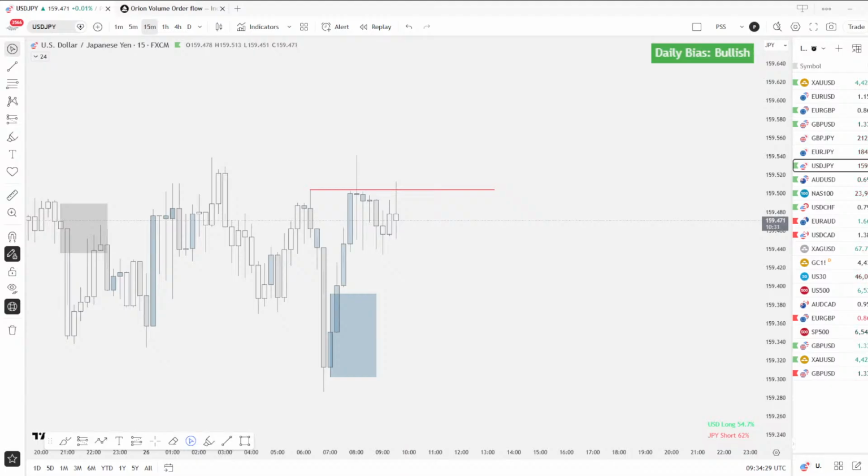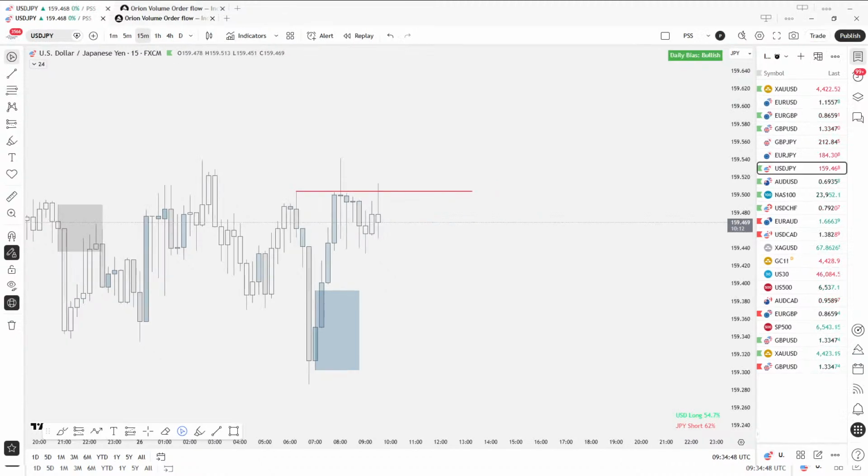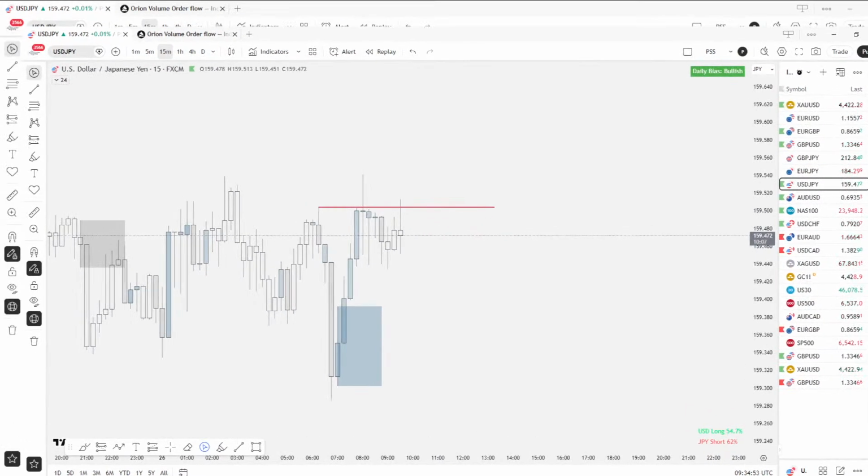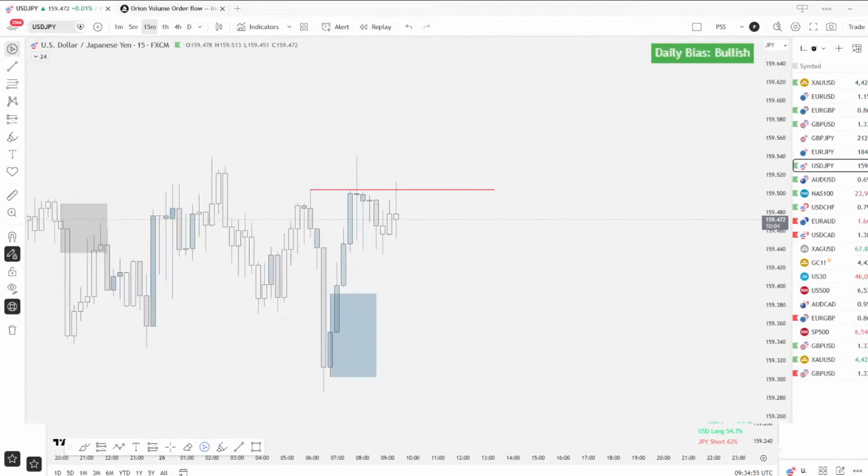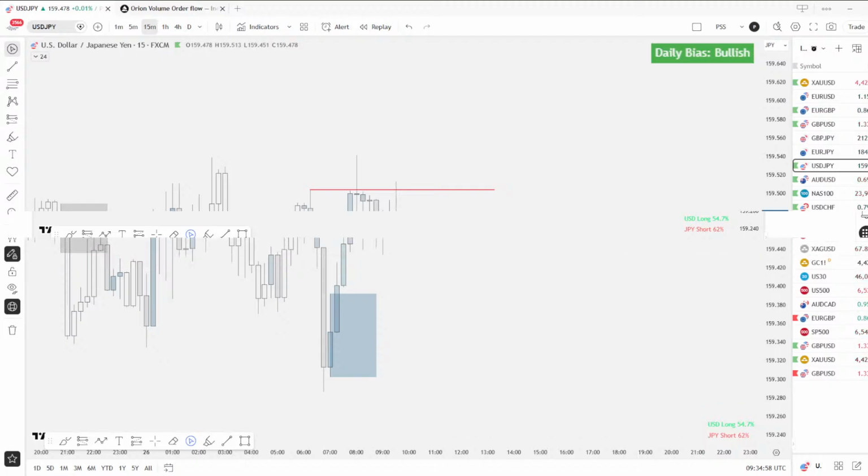We'll make that bigger, and then we'll do the same thing as well. So we're just going to make this more accessible for everyone so everyone can see it easier.